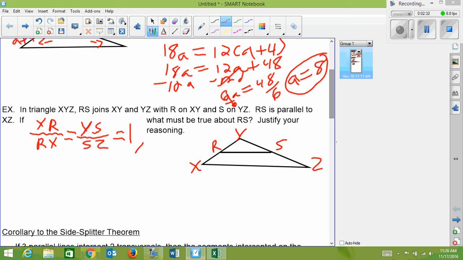Well, the only way that would work is if my proportions were equal. So like if I had 1 over 2 on both sides, if they both reduced.